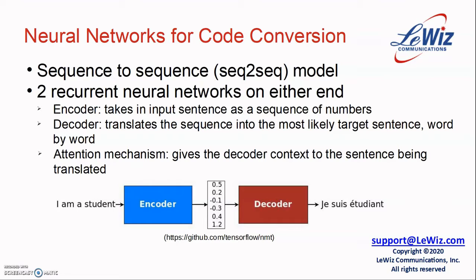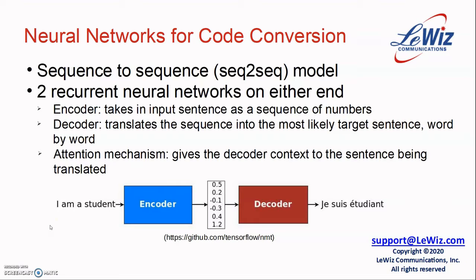One of them is the encoder, which takes in an input sentence as a sequence of numbers. The decoder translates the sequence into the most likely target sentence, word by word. The decoder is aided by an attention mechanism, which gives the decoder context to the sentence being translated.